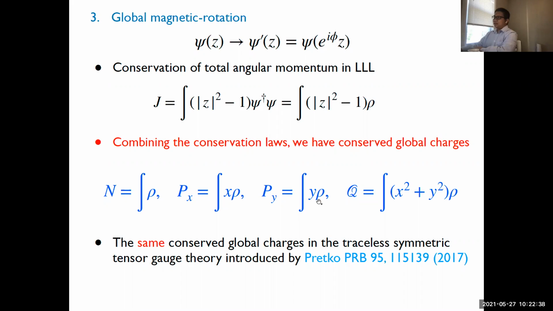Rho here is the charge density in terms of psi dagger psi. So you see that we have the same conserved global charges as in the traceless symmetric tensor gauge theory introduced by Pretko. So the lowest Landau level somehow has the same conservation laws as the traceless symmetric tensor gauge theory.